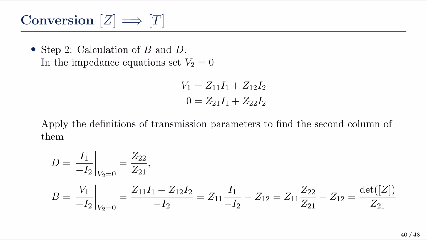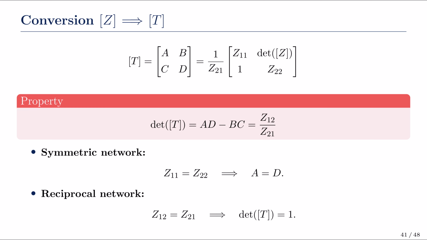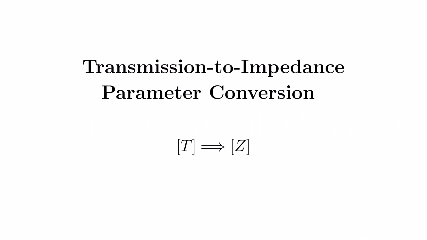Using the simplified equations together with the transmission parameter definitions yields the remaining elements B and D, completing the derivation. Collecting the four expressions gives the complete conversion formula. Finally, we note that symmetry leads to A equals D, while reciprocity implies that the determinant of the transmission matrix is equal to 1.